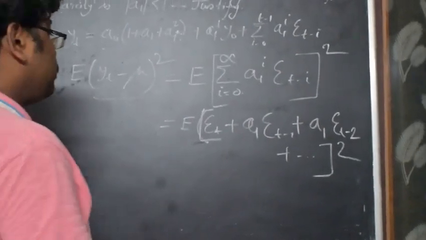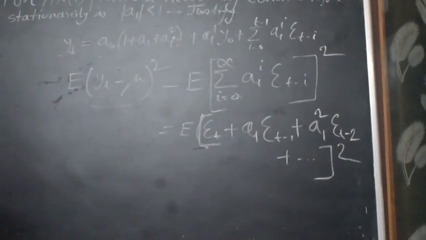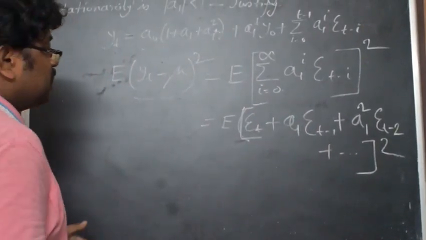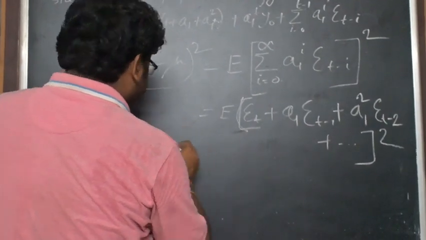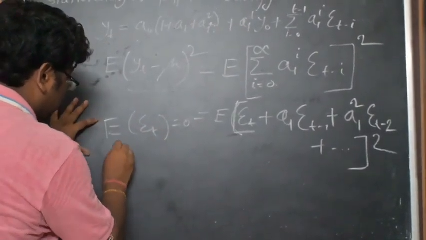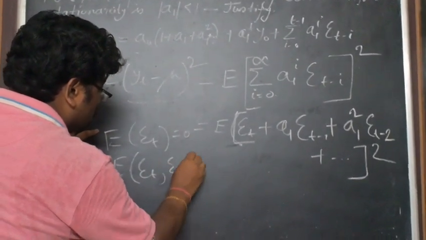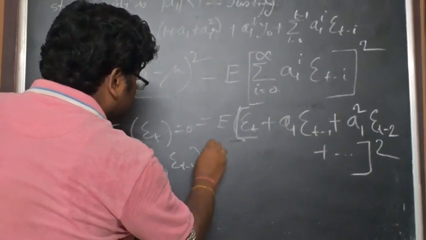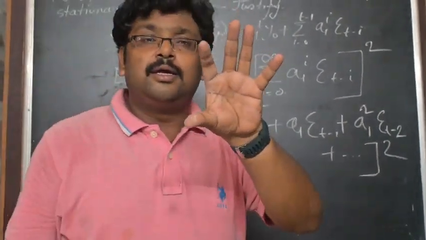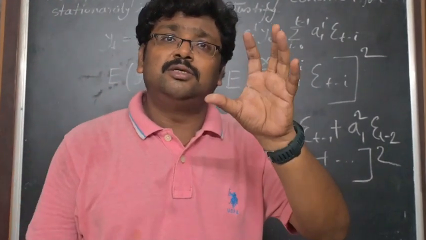You can find the square here, and in this way we can simplify this. Now you should remember that the expectation of epsilon t is equal to 0, and the expectation of epsilon t times epsilon t minus 1 is also 0, so it means that the mean and the covariance of the error part are 0.